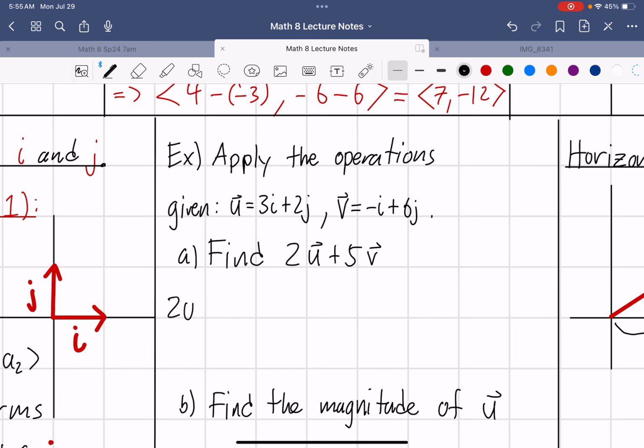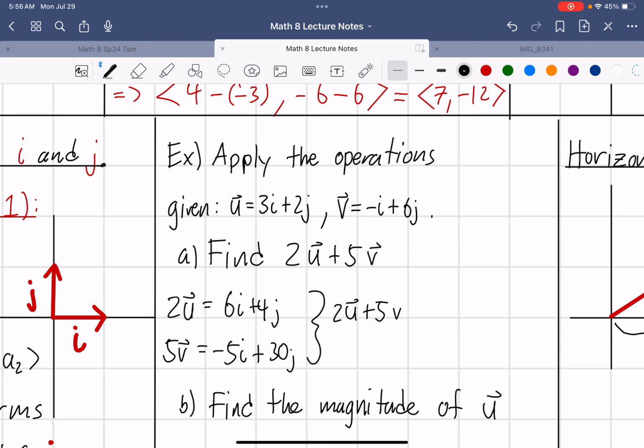So 2u is going to be 6i plus 4j. And then 5v is going to be equal to negative 5i plus 30j.